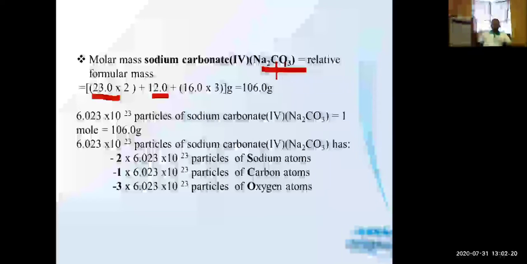Then you add the relative atomic mass of 3 oxygen atoms, where one oxygen atom has a relative atomic mass of 16. So 16 multiplied by 3 gives 48. If you add all of them, you get 106 grams. From there, you'll be able to calculate the number of particles in that compound, which we will discuss later.